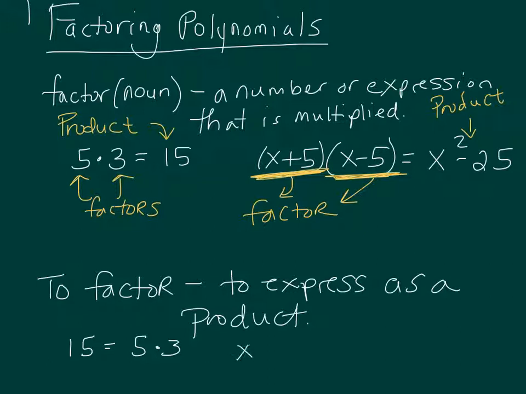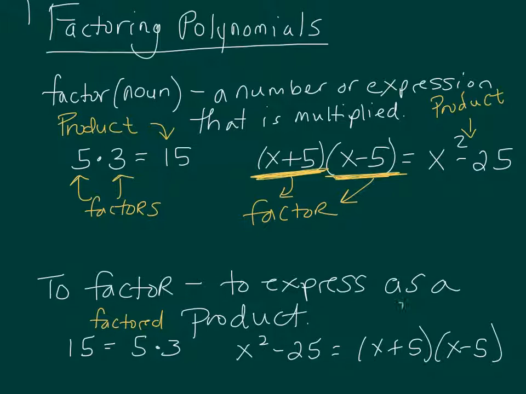And if I take x squared minus 25 and express that as x plus 5, x minus 5, I have factored. We have factored 15 into 5 and 3, and we have factored x squared minus 25 into x plus 5, x minus 5. Alright?